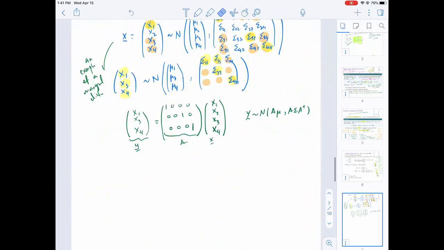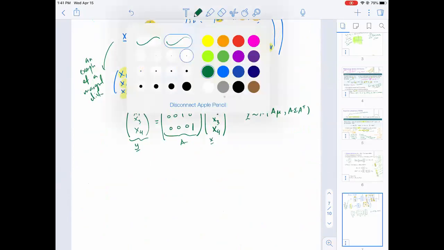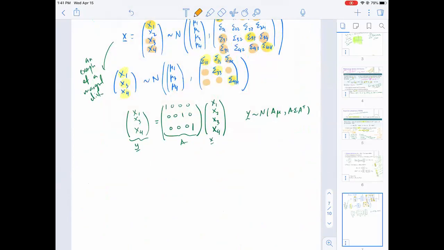It's easier when things are consecutive. For example, if I have x1, x2, I can write this as 1, 0, 0, 0 and 0, 1, 0, 0 times x1, x2, x3, x4. This part is going to be identity 2, and this part is going to be a zero matrix.